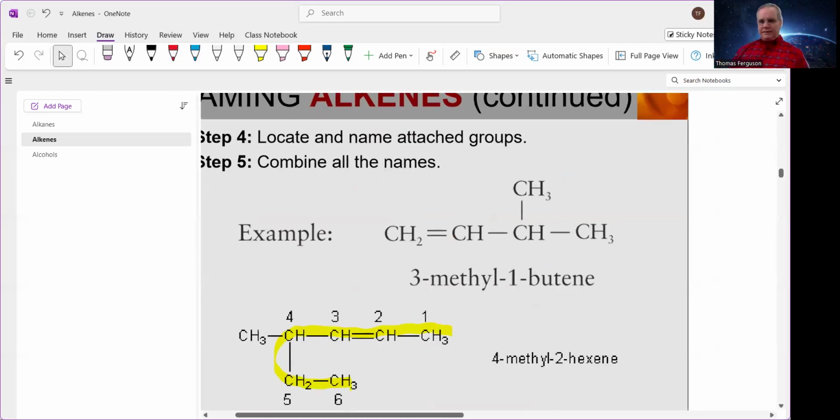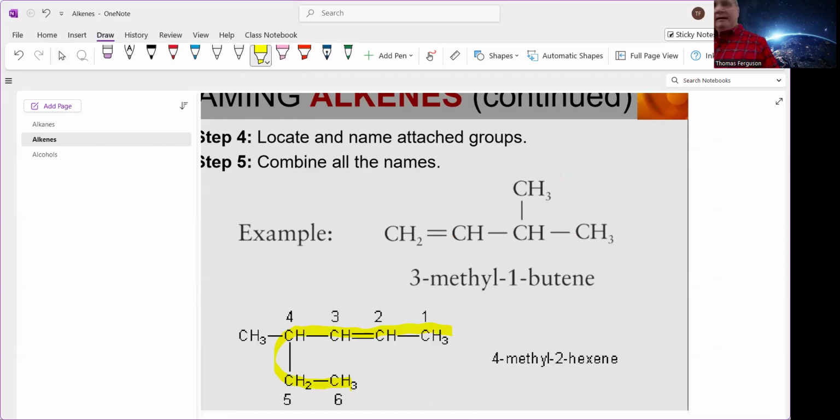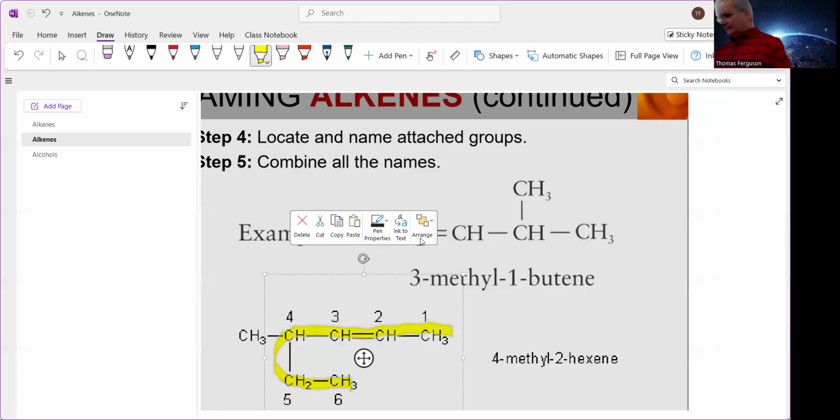Okay, so let's look at another one here. This guy here. Again, step 1, backbone. Now, this has got no exception. The backbone has to include the functional group. Functional group is a double bond. So the backbone has to include that. No exceptions. So we couldn't go like this.